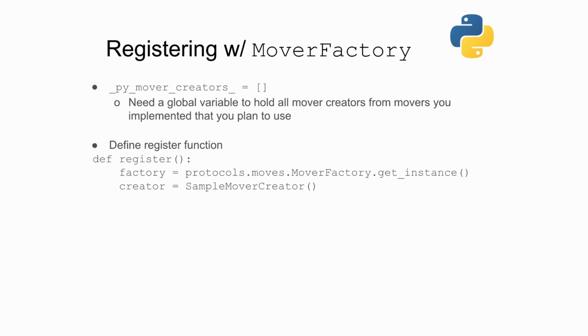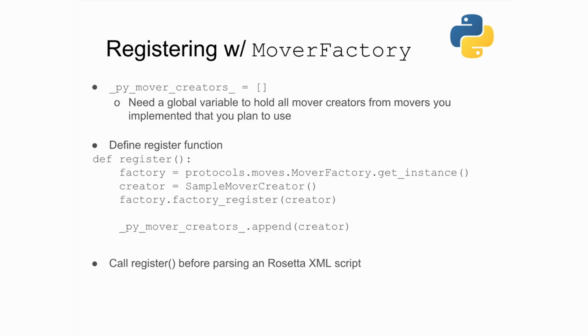Then you'll have your mover's creator, and you'll register the creator with factory register. And then you'll also have your creator append that to the list of all of your mover creators for the program. You'll want to be sure that you call register before you parse an XML script that calls your mover, in this case the sample mover, or it won't recognize that it exists yet. Does that make sense?